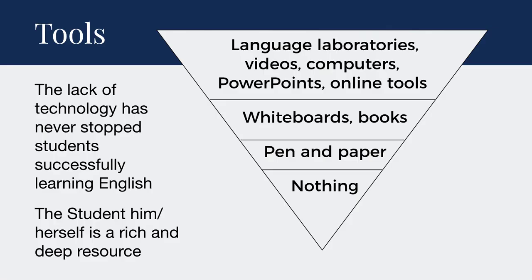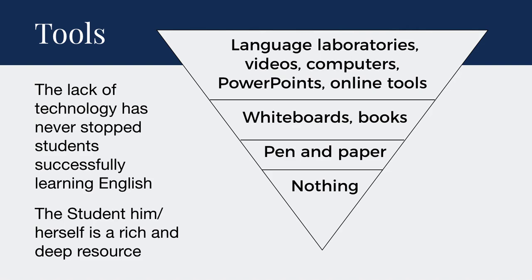So the lack of technology has never stopped students successfully learning English. The student himself or herself is a rich and deep resource. Essentially, you can start out with absolutely nothing. In some schools, you might have no technology, no resources whatsoever, but you can still teach.